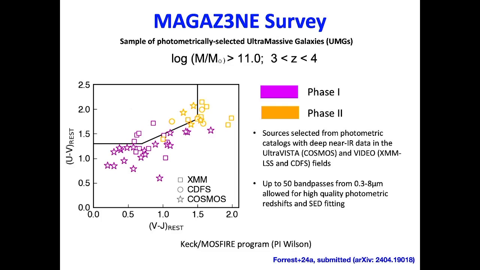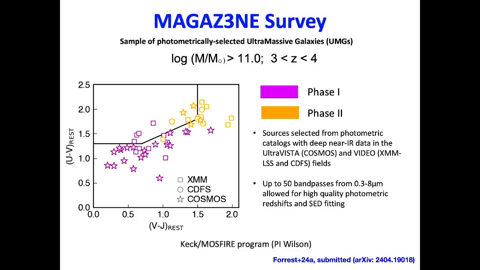Okay, so the MAGAZ3NE survey is a sample of photometrically selected ultramassive galaxies, and they are selected to have a photometric stellar mass above 10 to the 11 and to lie at photometric redshift between 3 and 4.